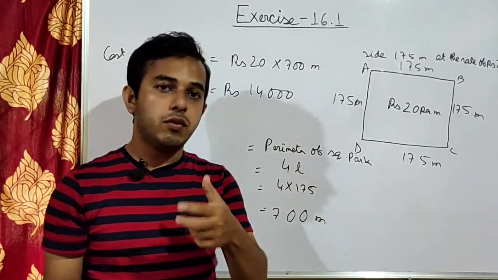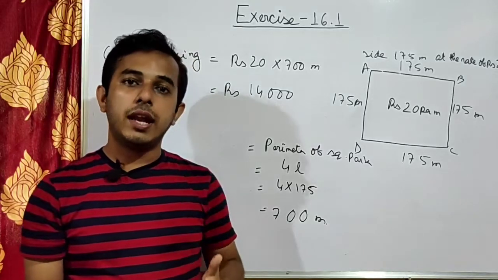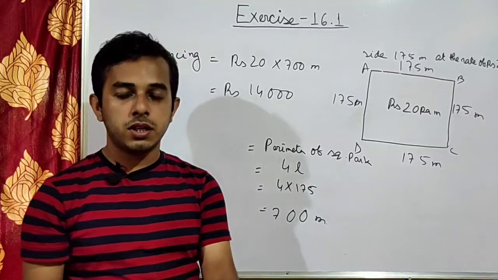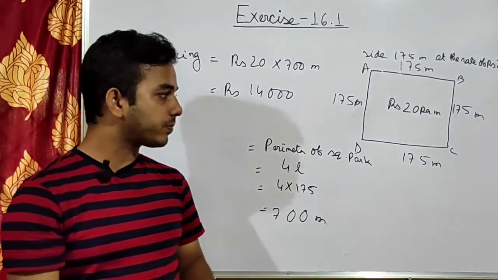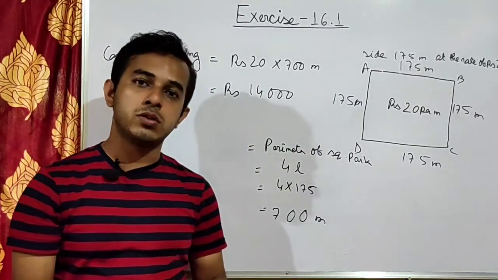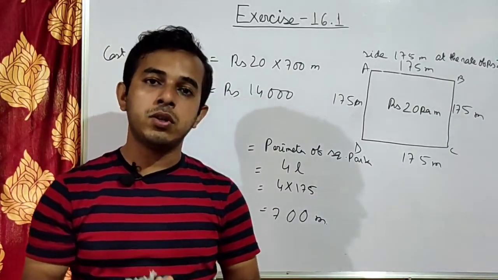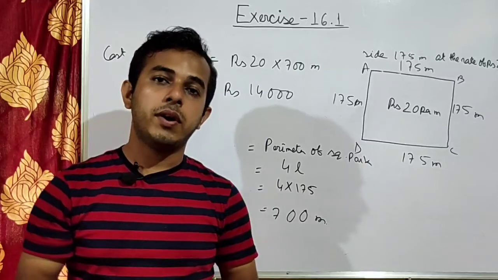If we cover the total length, that is the perimeter. We have to find the perimeter. Clear? Okay. So this is how we can solve such questions. So that is it for this class, and the remaining questions we will cover in our next class.